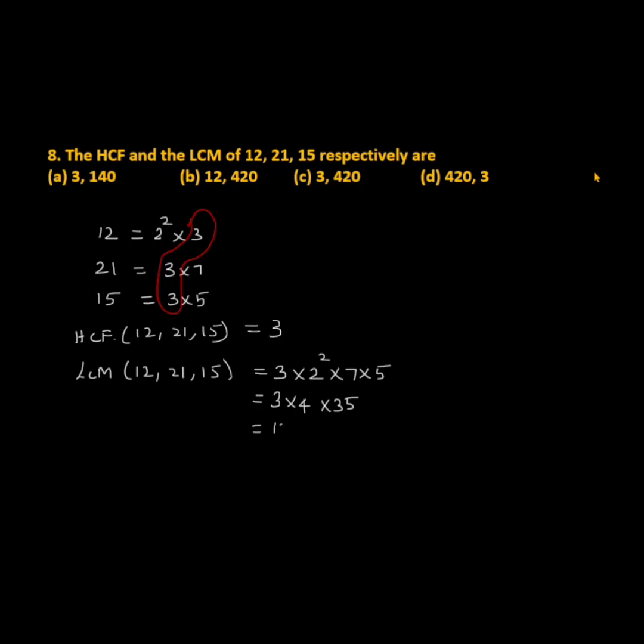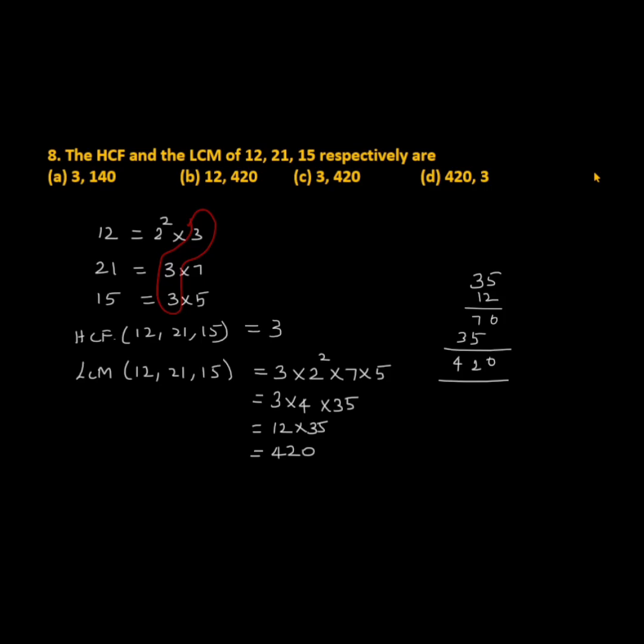Now 12, 3 4s are 12, into 35. So what is the product? 35 into 12: 10, 70, so 5, 3, 0, 12, 420. So the product is 420. So HCF is 3 and LCM is 420.